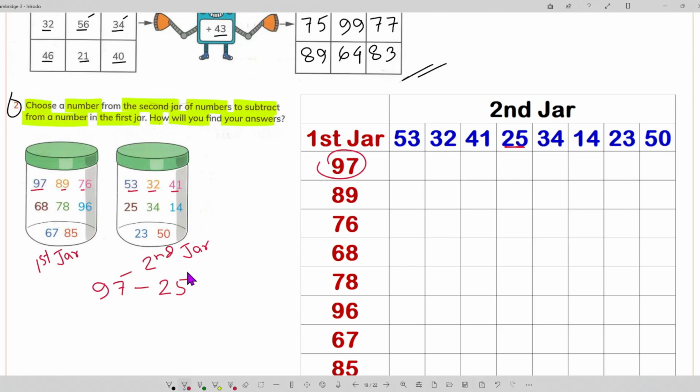So 7 minus 5 is 2 and 9 minus 2 is 7. So we can write here 72. Similar, like 53 we want to subtract from 89. So 9 minus 3 is 6, 8 minus 5 is 3, right?